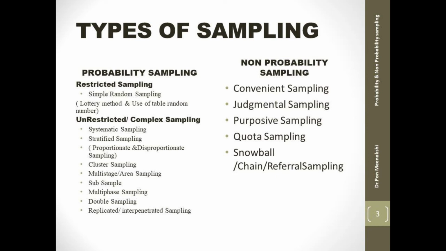If you are throwing a snowball, it touches one ball, and finally it becomes a big ball. In the same way, I'm touching only one sample. From that I am asking for another sample's contact number. From that I am collecting a contact number. Self-help groups I am taking nearby my place. Continuously I am collecting details one by one. This is snowball or chain or referral sampling.